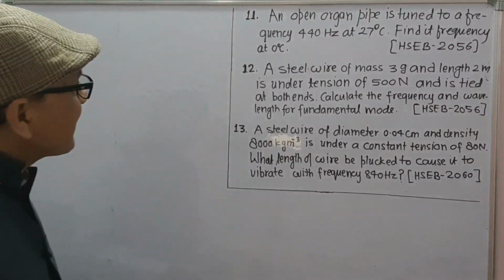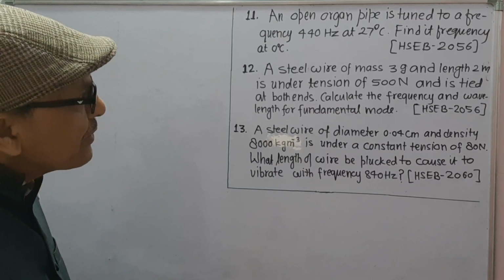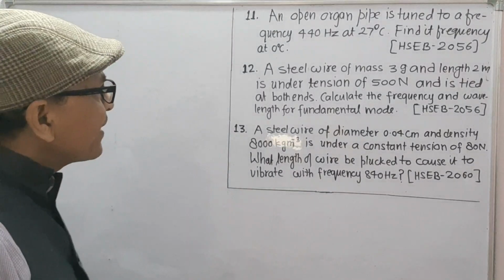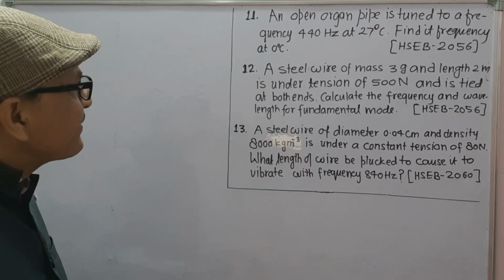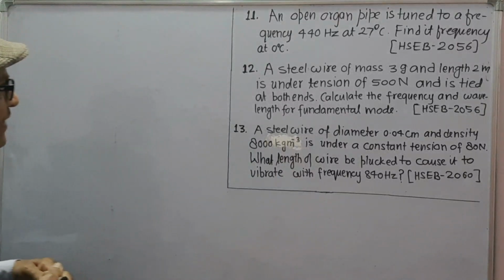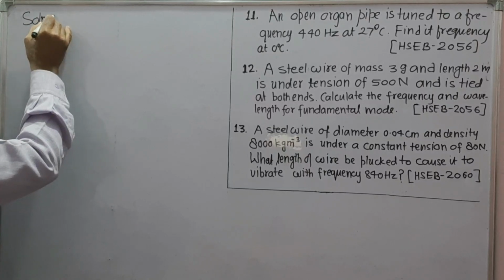Next question number 11. An open organ pipe is tuned to a frequency of 440 Hz at 27 degree Celsius. Find its frequency at 0 degree Celsius. Solution to question 11.